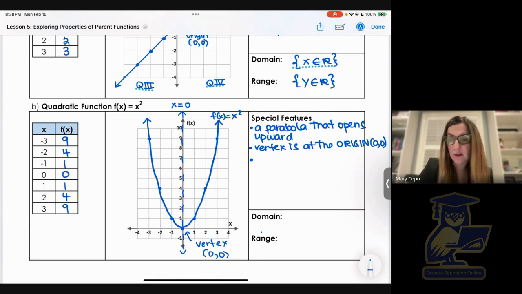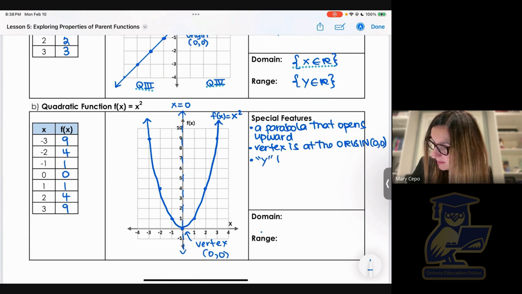As you can tell with the parabola, it's decreasing. It gets to the vertex and it changes direction, starts increasing. So with that in mind, the y value of the vertex is going to be the minimum, meaning the absolute lowest point on this parabola. So y has a minimum value.